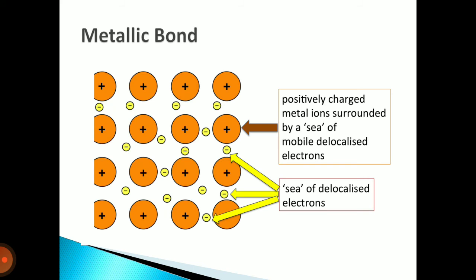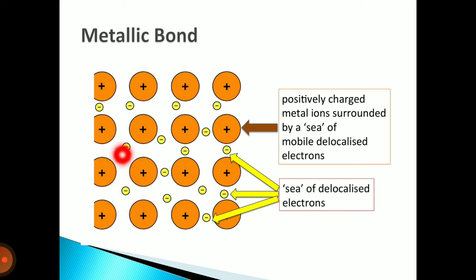This diagram shows the structure of metal, in which the positively charged metal atoms are embedded in a sea of electrons. These electrons are called as delocalized electrons or free electrons, which are free to move throughout the crystal lattice of the metals.